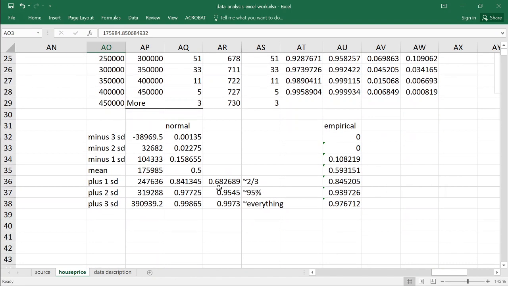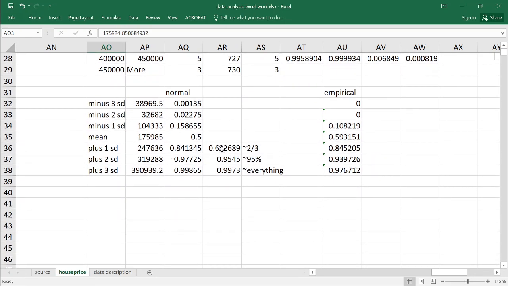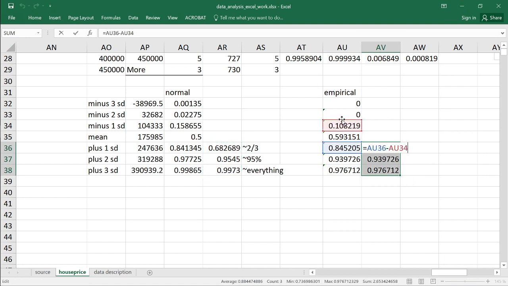And finally, these 3 values, 2/3, 95%, and about everything, based on the normal distribution and the 3 boundaries, we could compute them based on our empirical frequencies, empirical distribution, and we see that within that 1 standard deviation range around the mean, we don't find the 2/3 approximately that we would expect in a normal case.